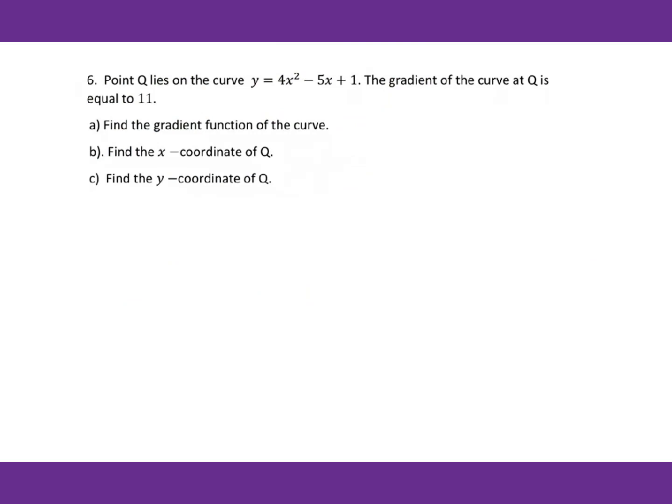Now let's go to number 6. Point Q lies on the curve y equals 4x squared minus 5x plus 1. The gradient of the curve at Q is equal to 11. Find the gradient function of the curve. Gradient function means derivative.